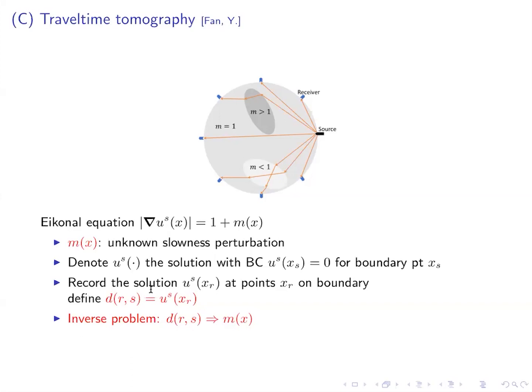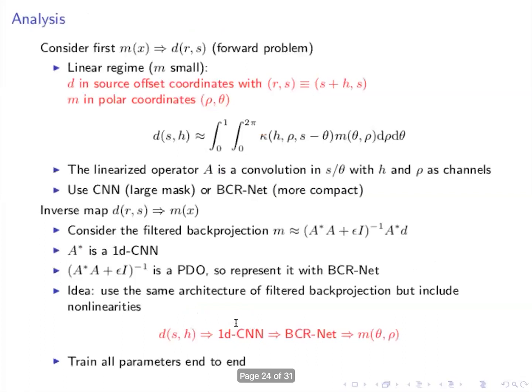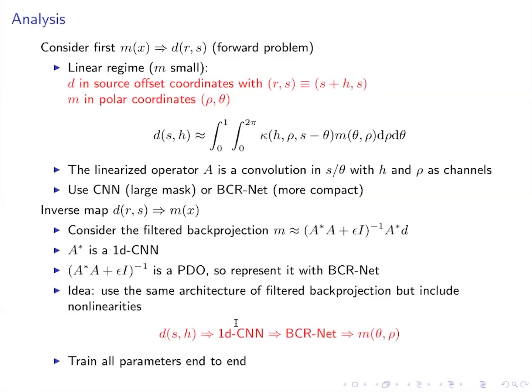All this data, the full measurement, is recorded in a table called D(R,S). S is where you send the signal, R is where you receive it, and D is the travel time from S to R. The inverse problem is to go from D to recover the unknown slowness. So here's the analysis. Again, we consider the linear regime, just to motivate the architecture design.